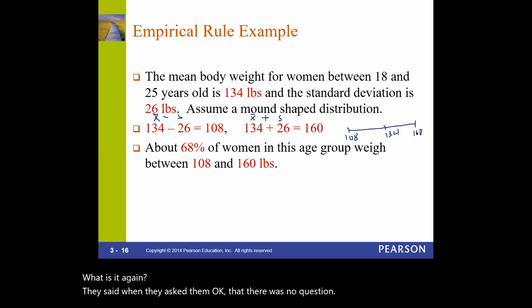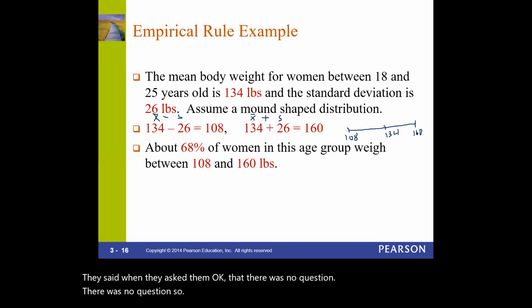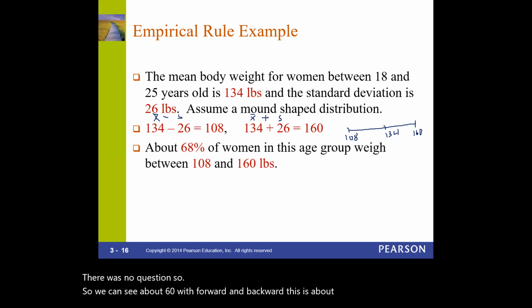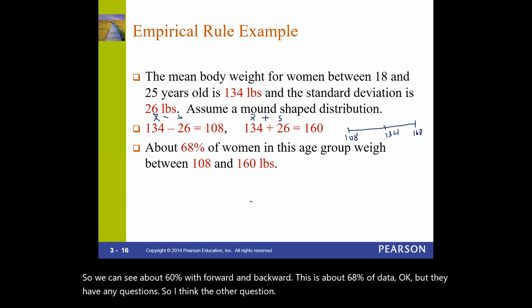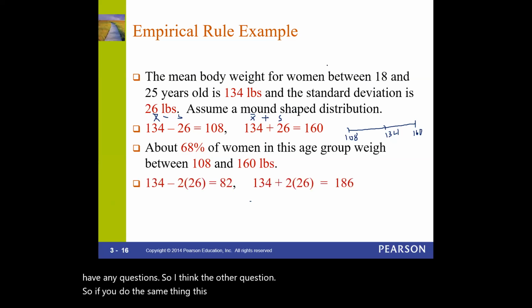There was no question, so we can say about 68% will fall within that group. This is about 68% of the data. But they don't have any questions, so I thought they had a question. So if you do the same thing, this is 68%.